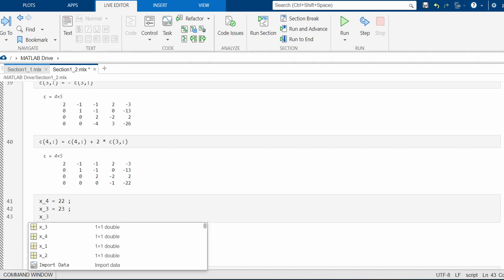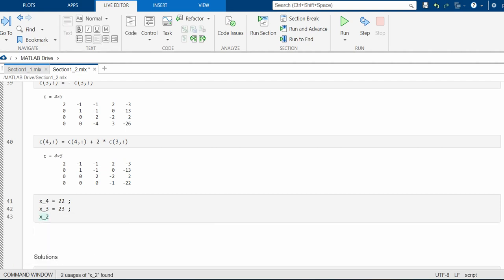And now I know x sub 4 and x sub 3. So I should be able to plug into the one above, and this is going to be nice because I have 0 x sub 4. So this turns into x sub 2 minus 23 equals minus 13. When I add 23 to both sides, I know that x sub 2 equals 10.